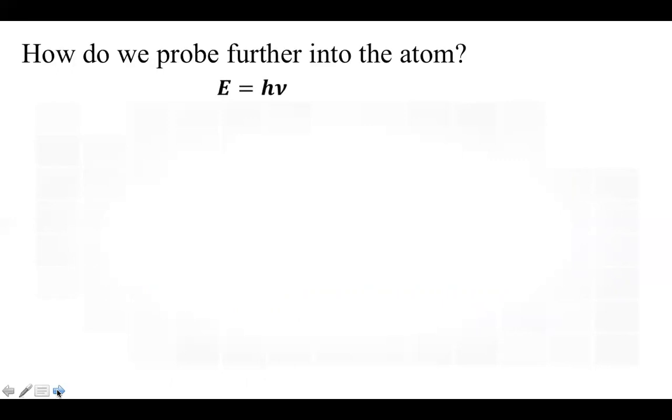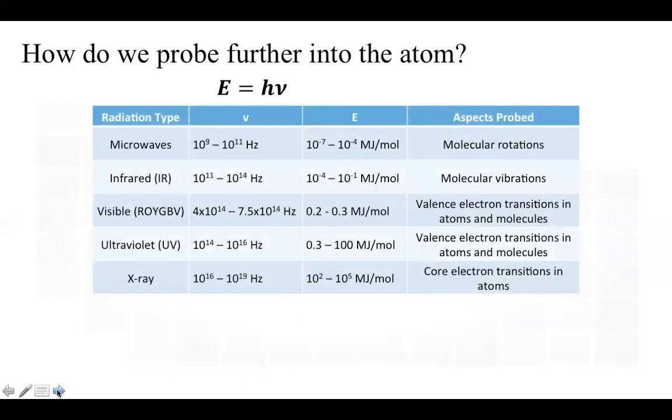So to move further into the atom and remove core electrons, we're going to have to use waves or radiation types that have a greater energy, right? Because removing a core electron is going to require a lot more energy than removing a valence electron, because those core electrons are a lot closer to the nucleus.